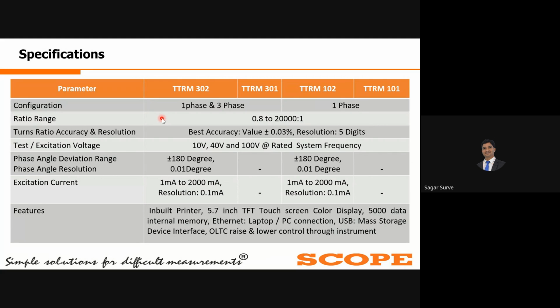Here I would like to mention that this test voltage can be customized up to 250 volt also. If the requirement is for a 250 volt test voltage, that is also possible.